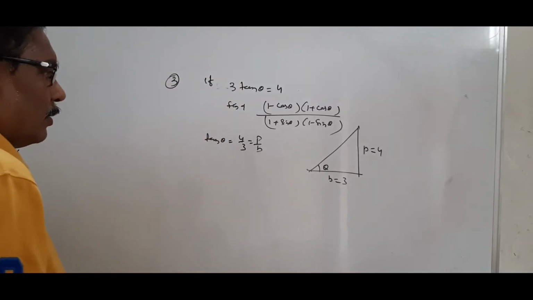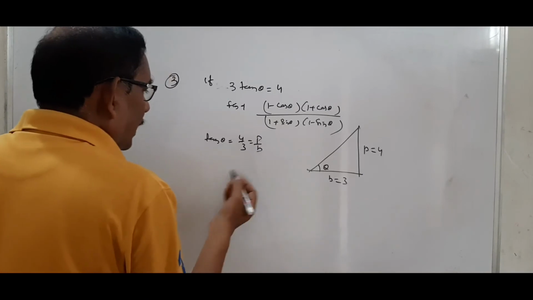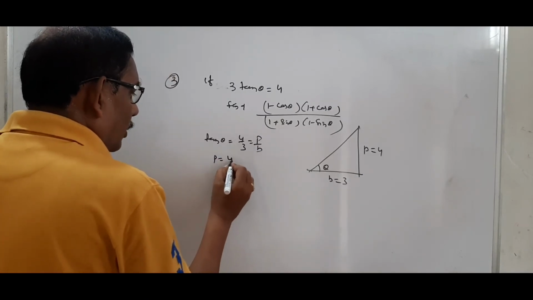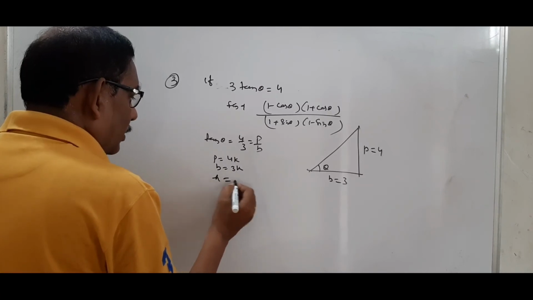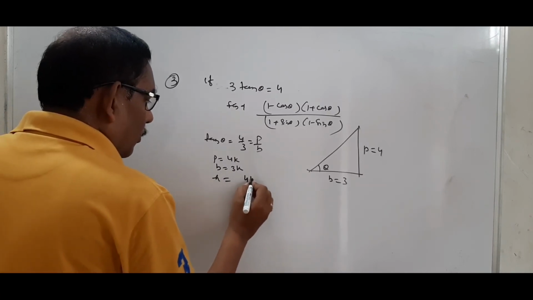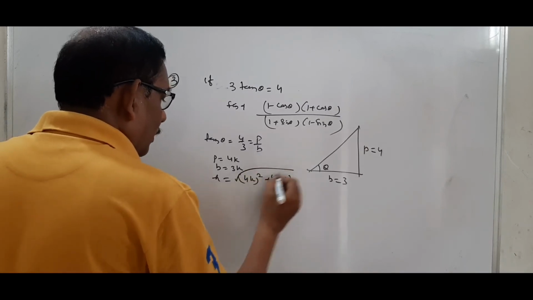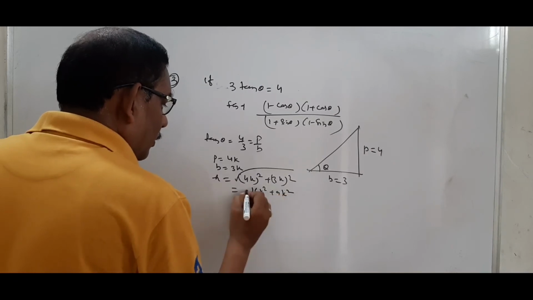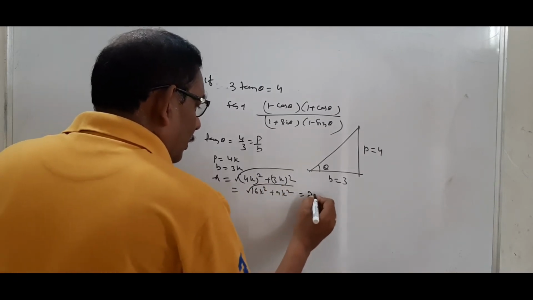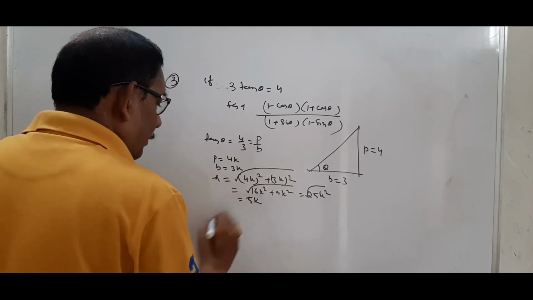To take the ratio, we can convert this in terms of K: P is 4K, B is 3K. Now find H. 4K square plus 3K square is 16K square plus 9K square, that is 25K square, so H is 5K.